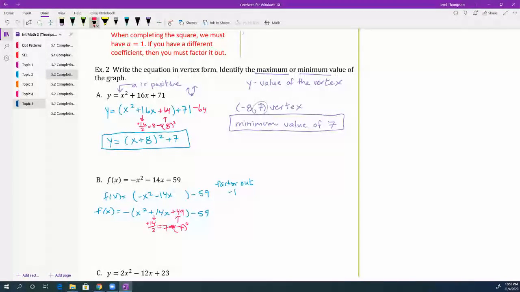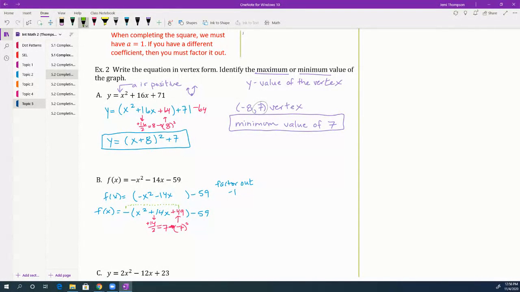Now pause. I added 49 inside the parentheses. But the parentheses are all times negative 1. Oh, darn. So I added 49 inside the parentheses, but that's really 49 times negative 1.